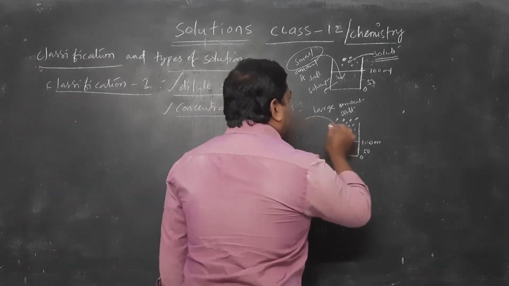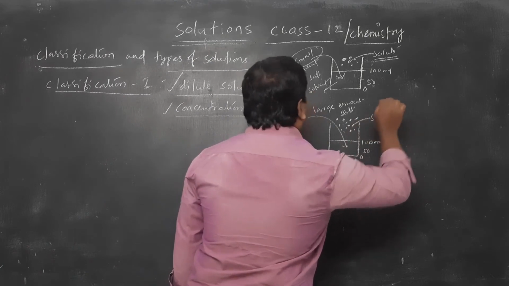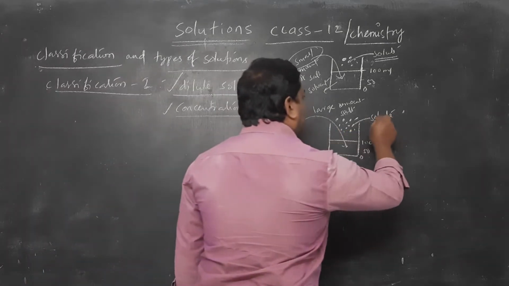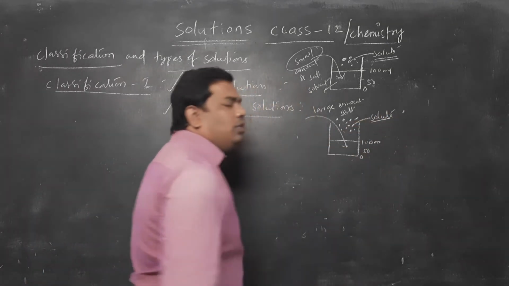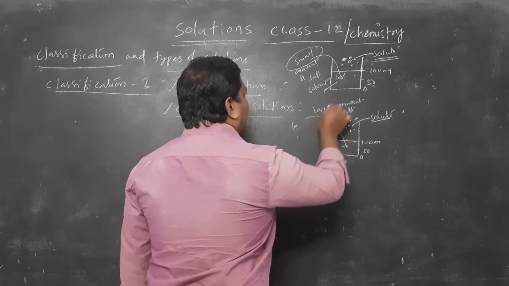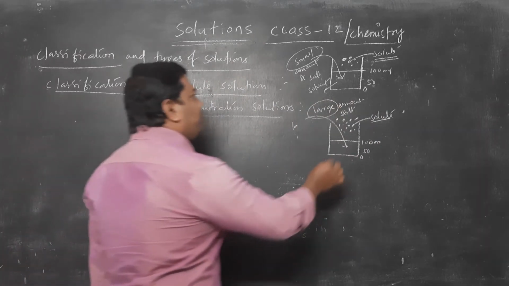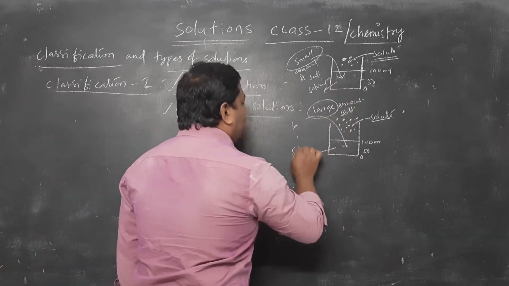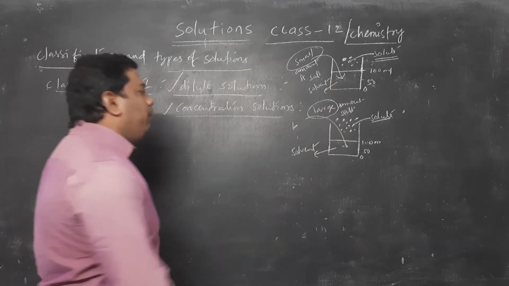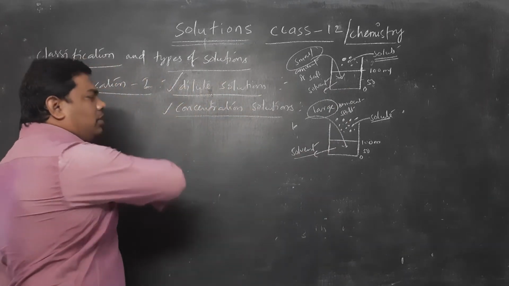Okay, so what is a concentrated solution? A solution in which the amount of solute, here sodium chloride, the salt, is relatively large when compared to the amount of solvent in the given mass is called a concentrated solution.